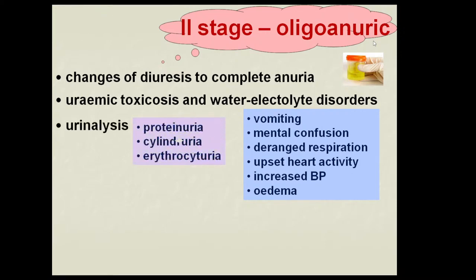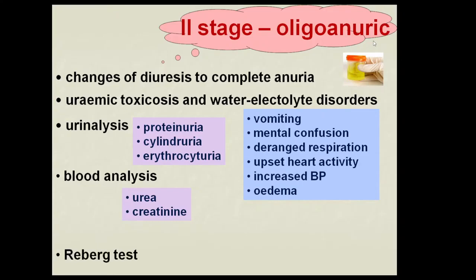If urination is present, we will control urinalysis and reveal pathological elements: erythrocytes, protein, casts. We will control the blood analysis, first of all urea and creatinine, and calculate the glomerular filtration rate.